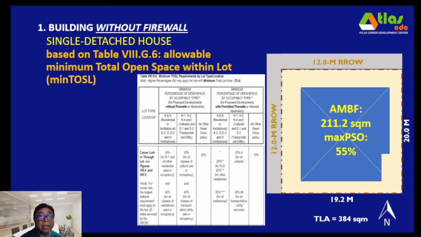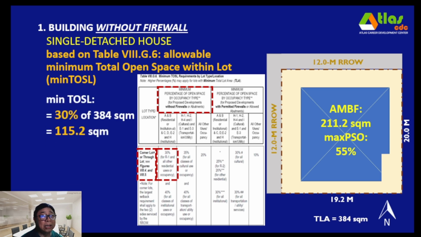In this particular table, for a corner lot without firewall, our minimum TOSL is 30% for R1 and all other residential use or occupancy, including basic R2. Which means here that the minimum TOSL is 30% of 384 square meters.